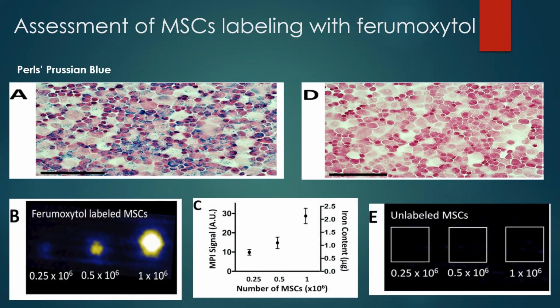In figure B, you can see the ferumoxytol labeled MSCs, and when the number of MSCs increases, the iron content and the signal we receive from the MPI also increase. And figure E is our control and shows that when the MSCs are unlabeled, we didn't receive any signal from them.